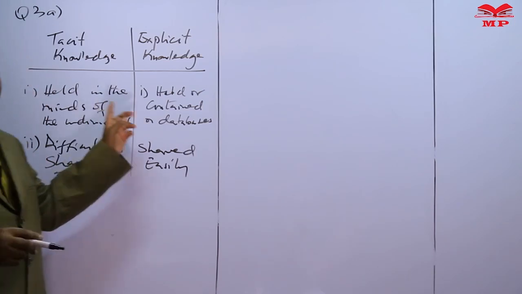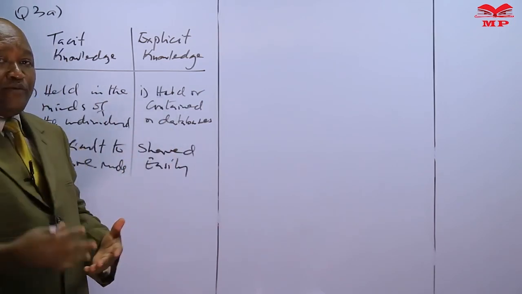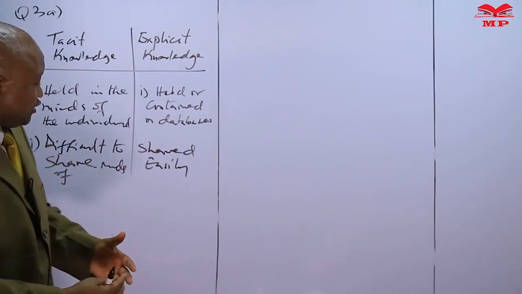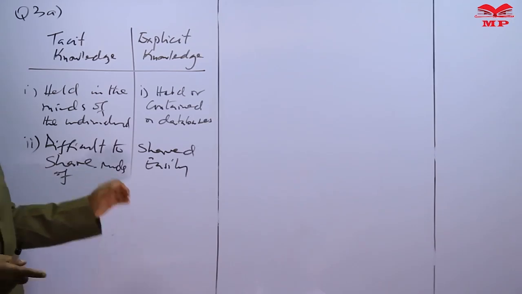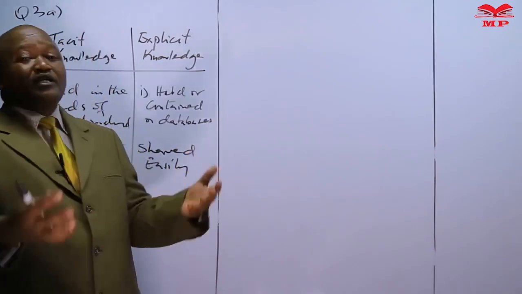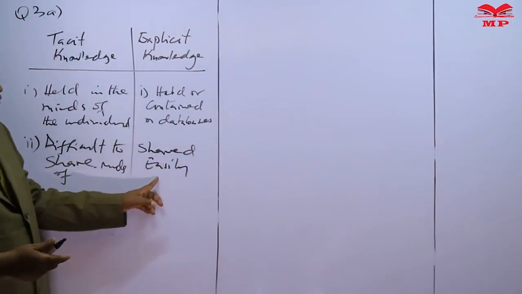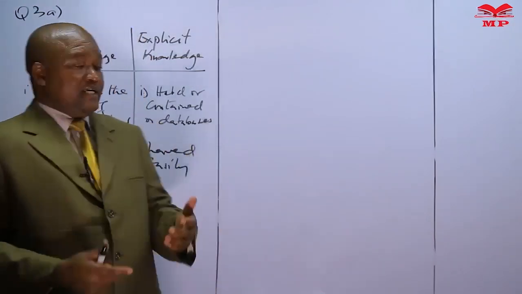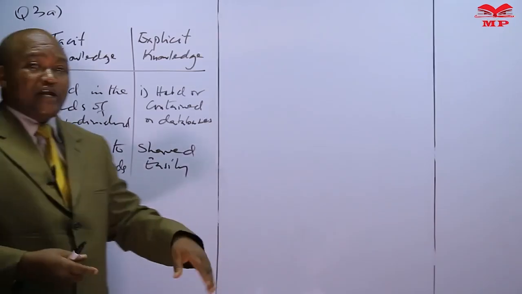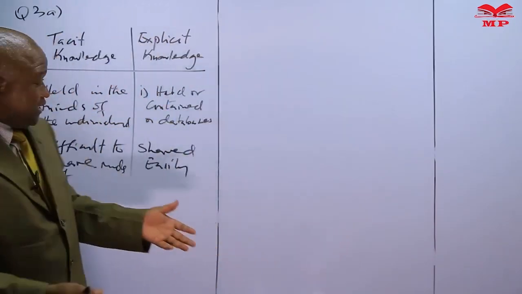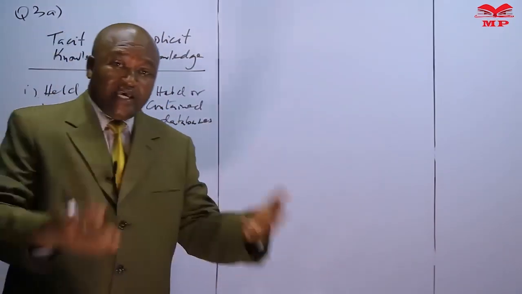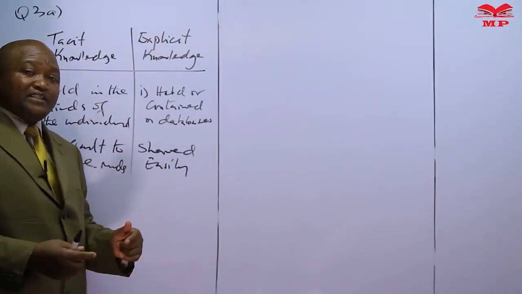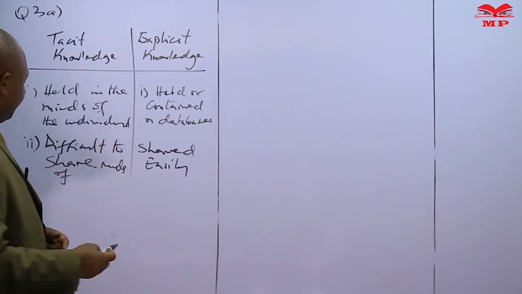So for you to share this knowledge, you must create environments where these employees can come into teams, committees, and groups that can enhance knowledge sharing, but employees will share that knowledge at their discretion. On the other hand, explicit knowledge can be shared much more easily, because if this is information on a record like a piece of paper, it can be photocopied, it can be read, it can be relayed on email, it can be sent to workers, it can be put on a flash disk, and hence sharing becomes easy.